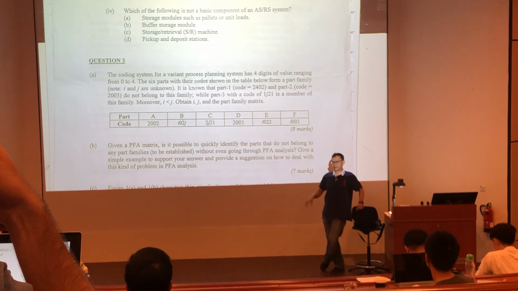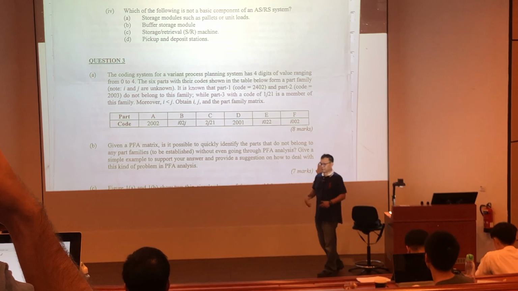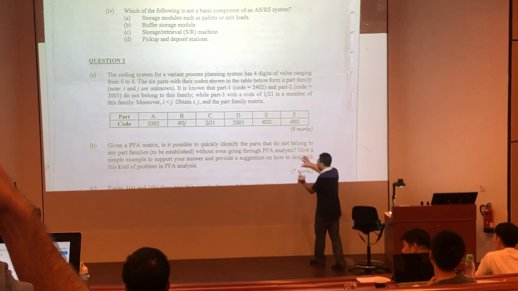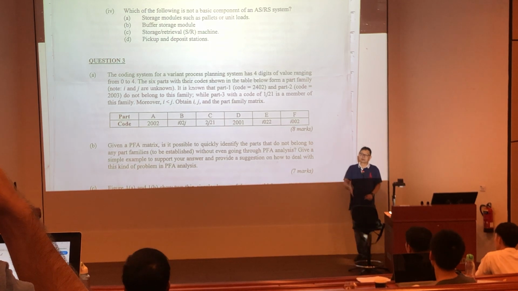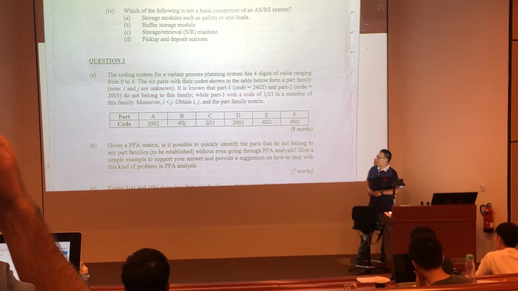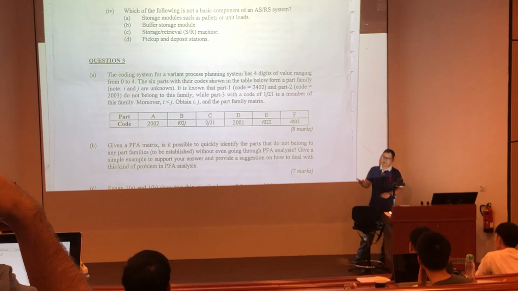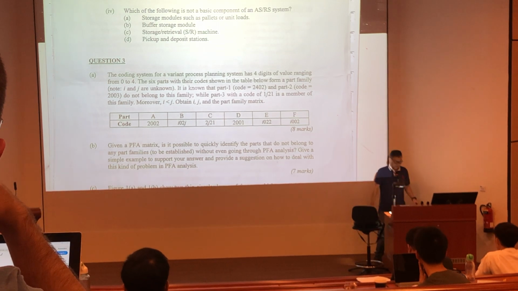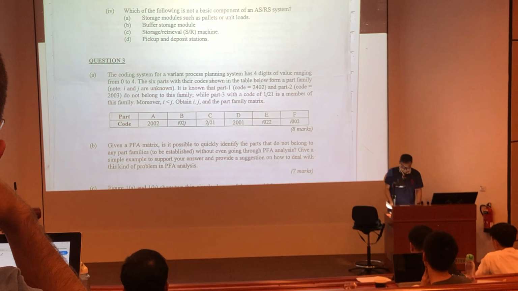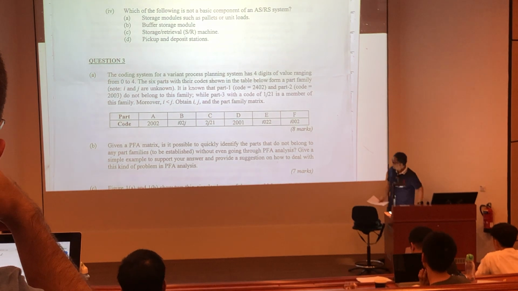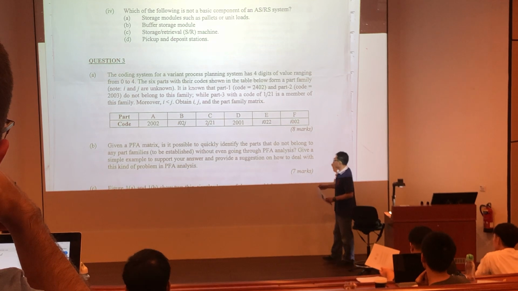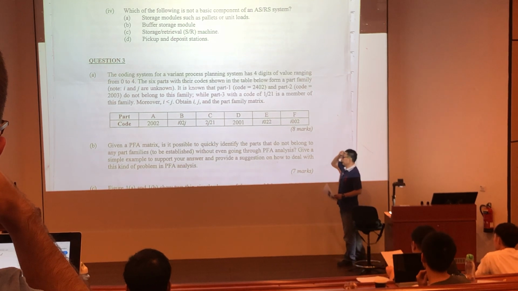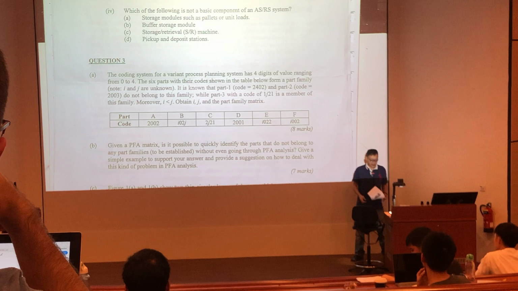Then we can identify the part family manually. So initially there's no such thing, but is it possible to identify some parts? We know that these parts do not belong to any part family eventually. Okay? Is it possible? And give a simple example to support your answer and provide a suggestion how to deal with this kind of problem in PFA analysis.